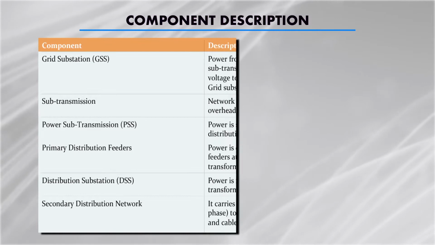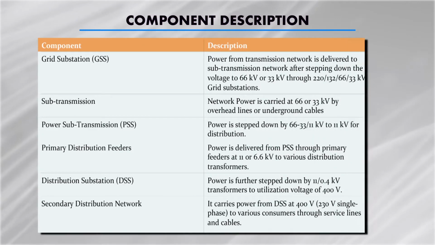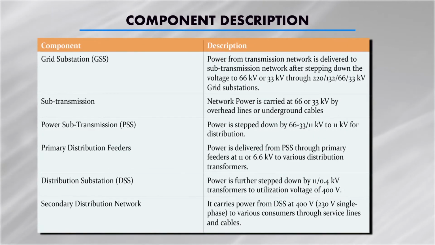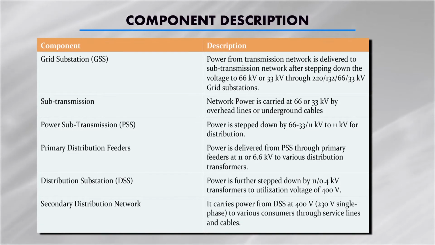When we talk about the grid substation, power from the transmission network is delivered to the sub-transmission network after stepping down the voltage to 66 kV or 33 kV through the 220, 132 or 33 kV substations.